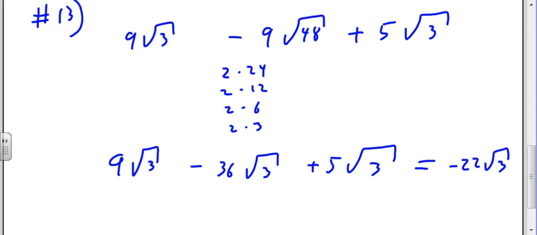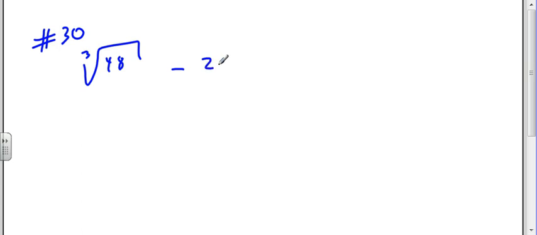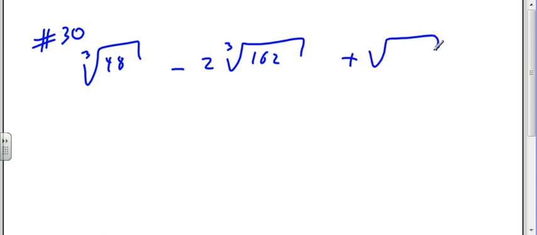Okay, we'll move down to number 30. Cube root of 48 minus 2 the cube root of 162 plus the cube root of 750.